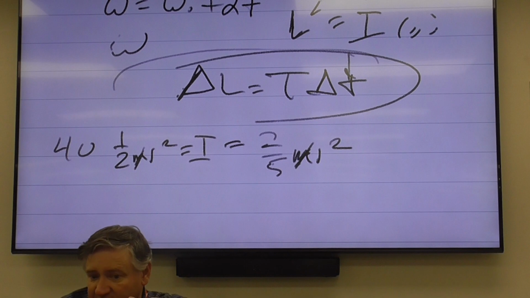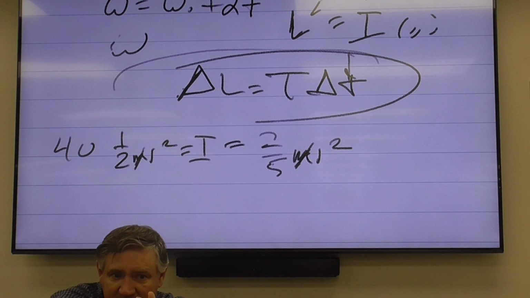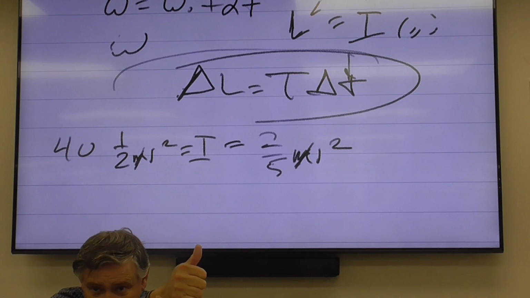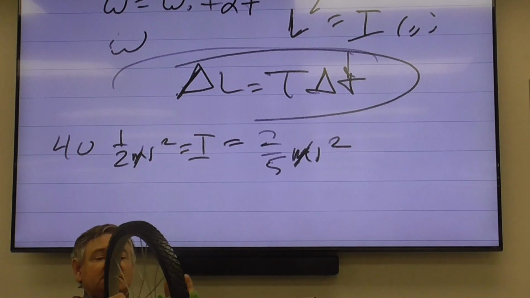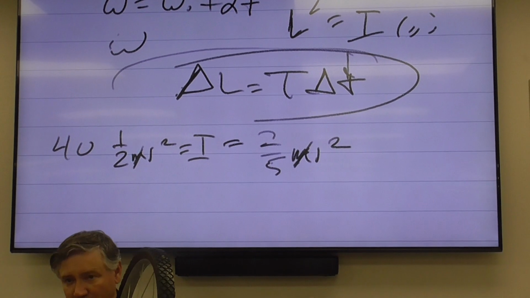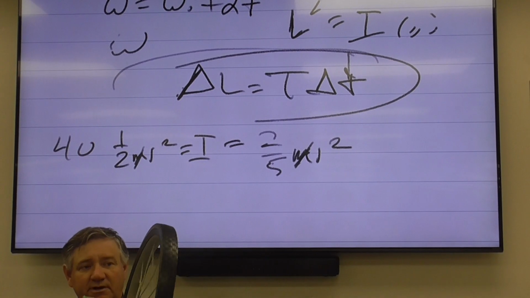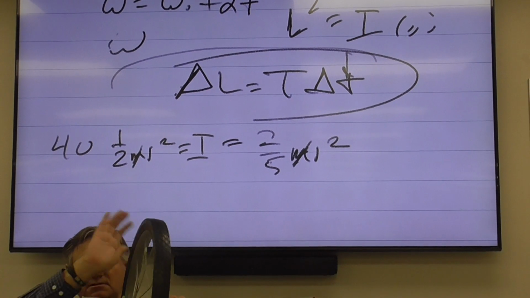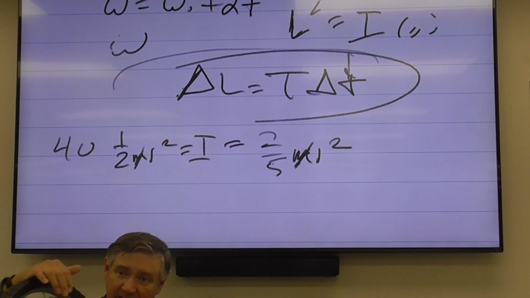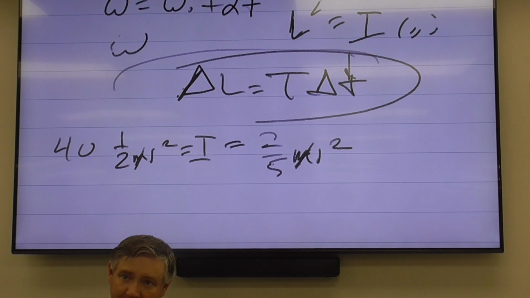If it was going like this, the momentum vector would point up out of the page. If it's like this, I'd curl my hand like this, and it points to my right. If I spin it the opposite way, the momentum vector is pointing to my left. Okay?